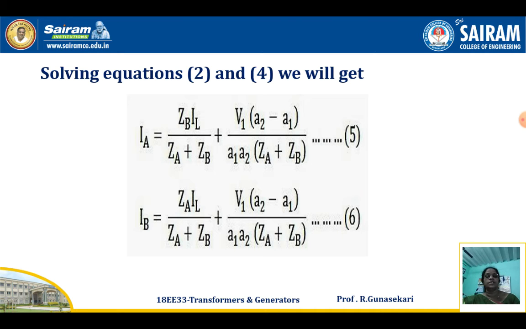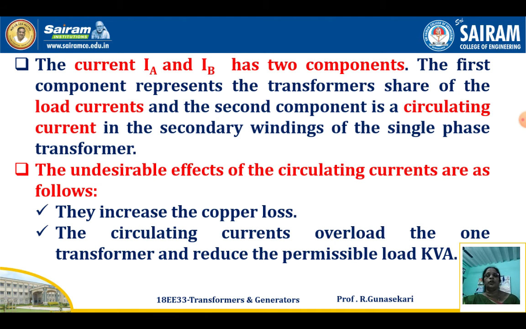Similarly, for IB it is ZA IL divided by ZA plus ZB. The term IL divided by ZA plus ZB is common for both IA and IB. The only difference is that IA has ZB and IB has ZA. So this is the difference. Remaining terms are the same. You have to remember this.